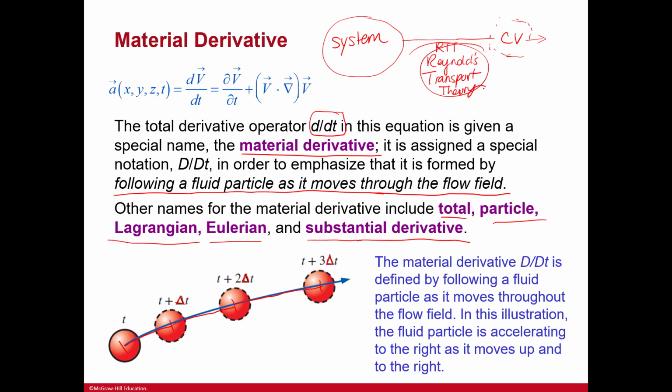Okay, and so what this does is this material derivative is shown as d over dt. And that is the rate of change in a property in a fixed mass system. So this is how we are using this Eulerian framework to solve this system going through a control volume.